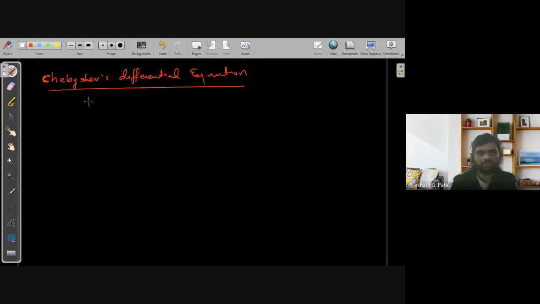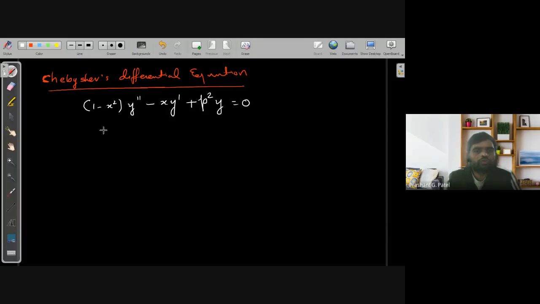The differential equation is of this form: (1 minus x square) y double dash minus x y dash plus p square y equal to 0. Now the obvious question that comes to mind is: what would be the solution of this Chebyshev equation?